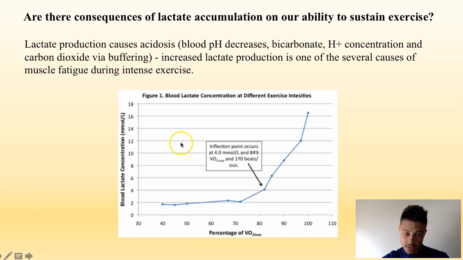In this graph we can see that as VO2 max increases, the blood lactate concentration also increases. So blood lactate concentration at different exercise intensity will impact one's ability to exercise.